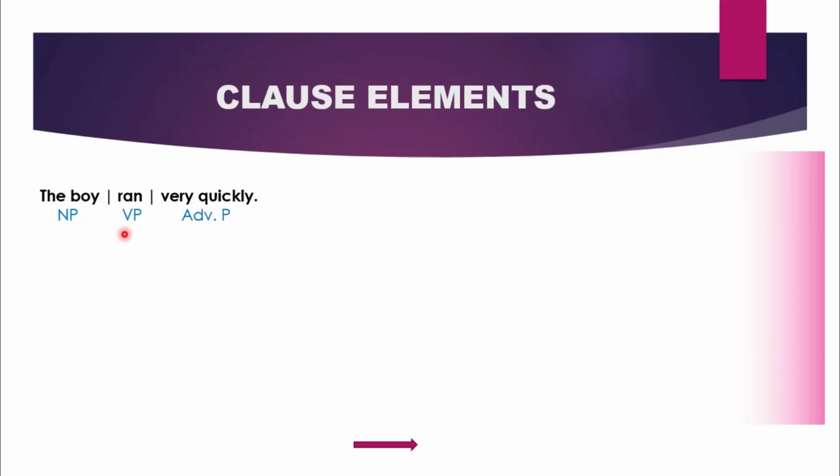So what are the roles that these phrases are performing in the sentence? The boy, which was our noun phrase, is performing the function of the subject. So the boy is the subject in the sentence. Therefore, subject is a clause element because it is a function that the boy is playing.